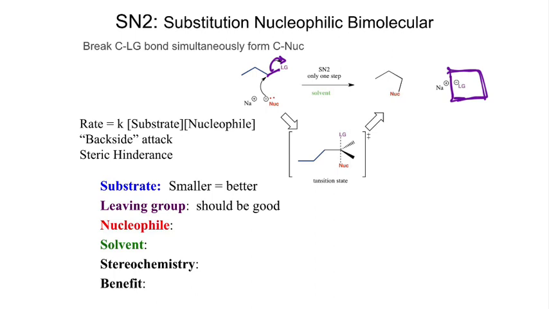So when we're talking about this good, we're talking about stable. If it comes off neutral, it's great. If it comes off charged but it's large, that could stabilize it. If it comes off charged but it's electronegative, that could stabilize it. If it comes off negative but it has resonance, that could stabilize it. Which should sound kind of familiar.